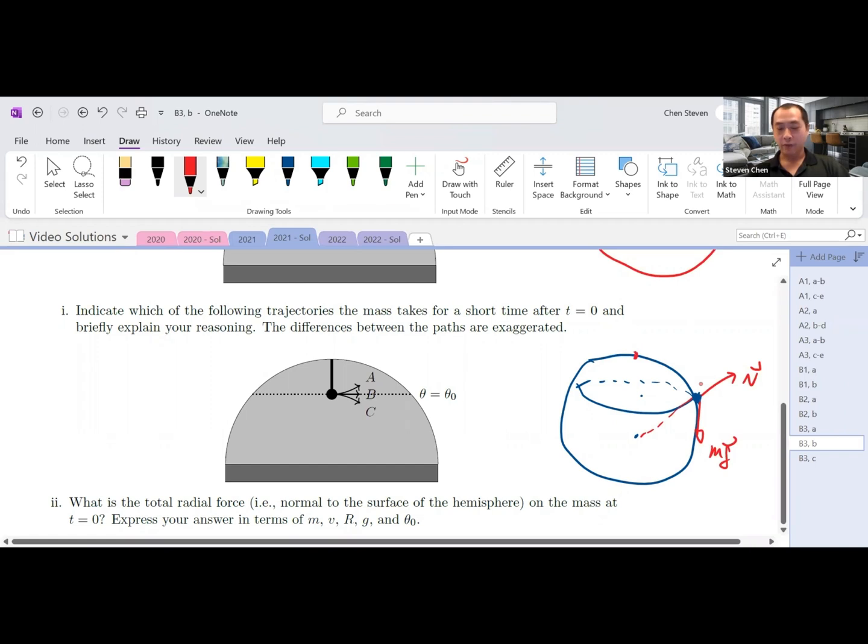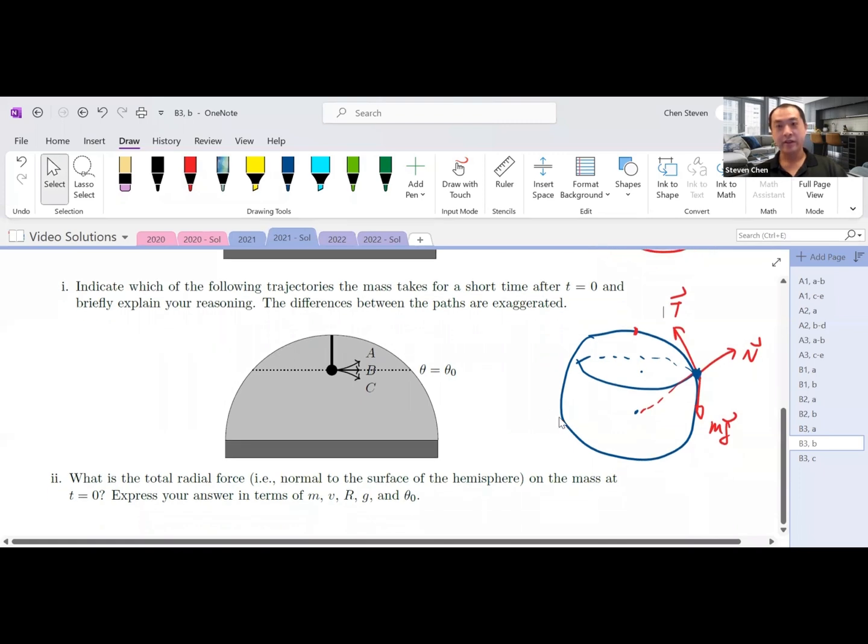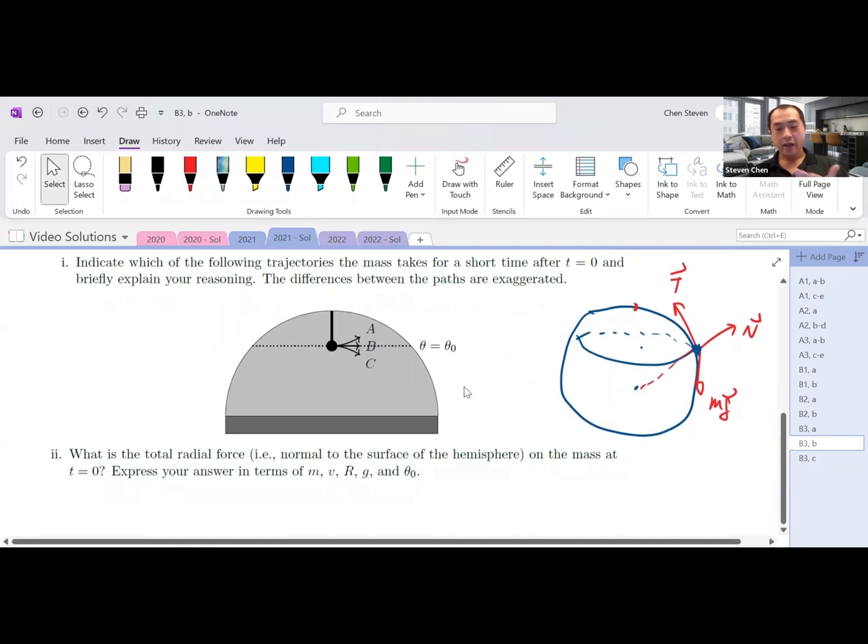But the direction of the force is not a connection of the red dot and the blue point, because it's curved on the surface of the sphere. So at the particle here, it should be in this tangent direction. That is the tension, okay? So we have these three forces. And we know that at the thin knot, before gaining an initial velocity, the net force is 0. So the sum of these three forces is 0.